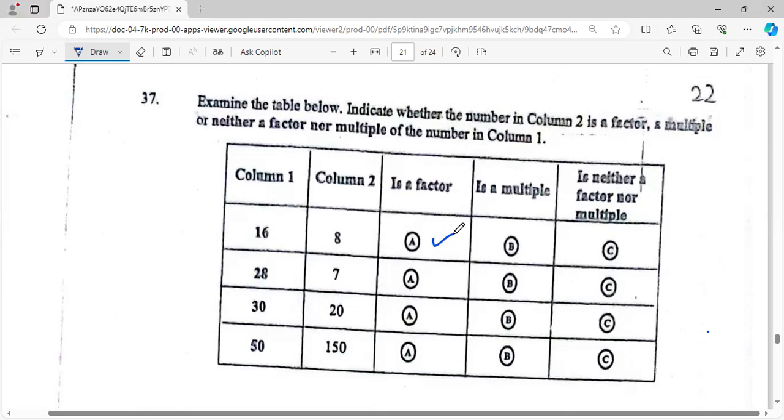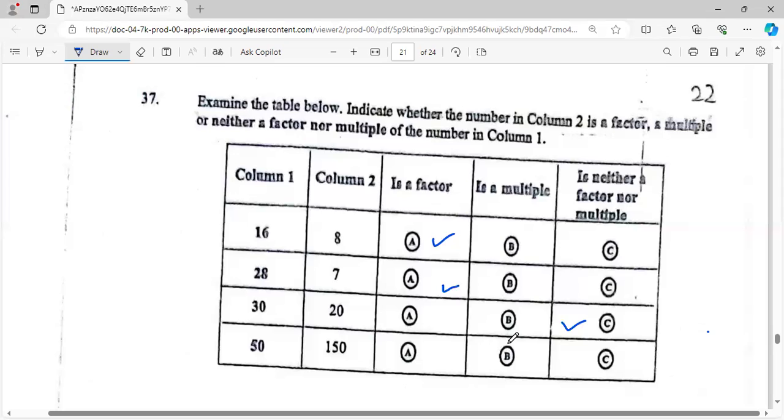Number 2, in column 1 you have 8 and in column 2 you have 7. It is a factor. On number 3, you have 30 in column 1 and 20 in column 2, neither a factor nor a multiple. And in column 1 you have 50, column 2, 150, is a multiple, sir.